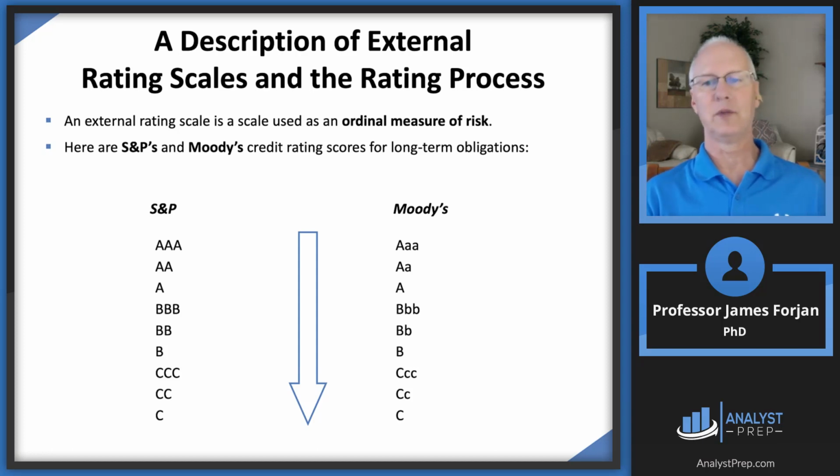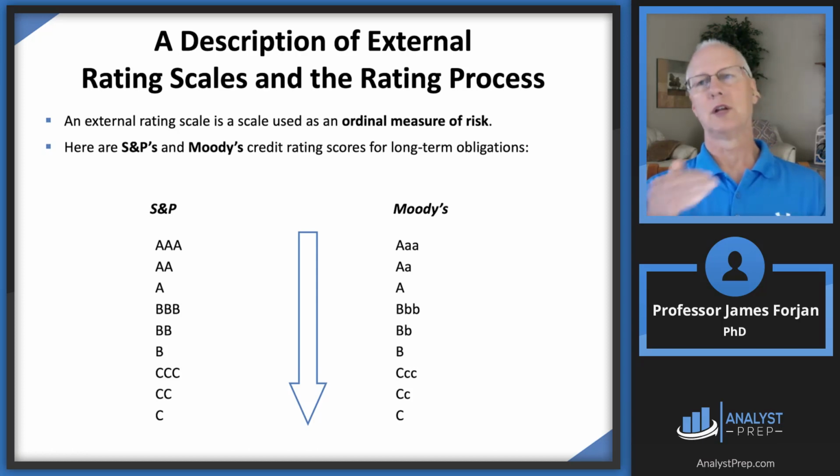And what could be easier than having the highest rating as a AAA? That means that this particular issue has a very small probability of default, all the way down to a C-rated bond, which is the lowest that you can go without being in default. Remember, the lowest is a rating of D, which stands for default.